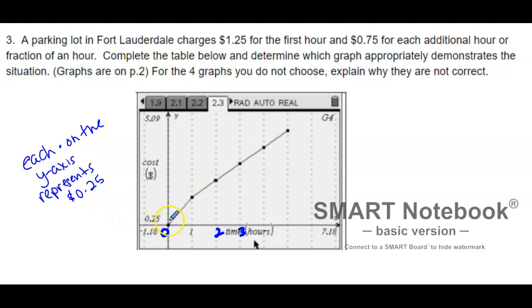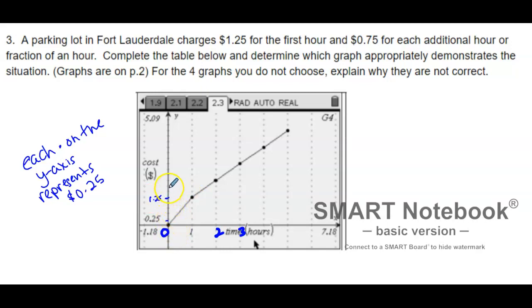Okay, so this first dot right here, that's 25 cents. Then the next one would be 50. Then we would have 75 and $1. And then this one right here, where that dot is falling, would be $1.25.